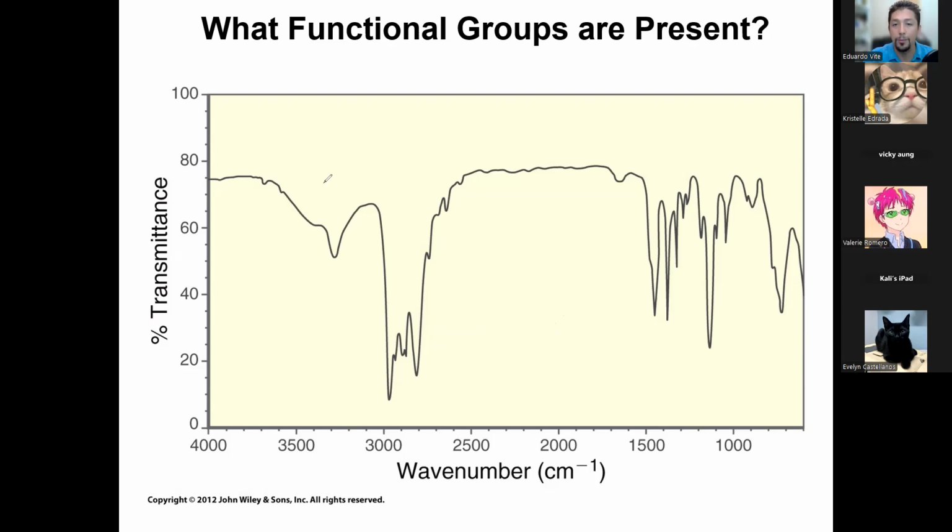But because we know that this signal is an N with at least one H, and this could be carbon, and this could be carbon, we know that if we have an N with one H and two carbons, we also have a CN bond. And I was trying to make the analogy that you have in the periodic table, carbon, nitrogen, oxygen, and fluorine.